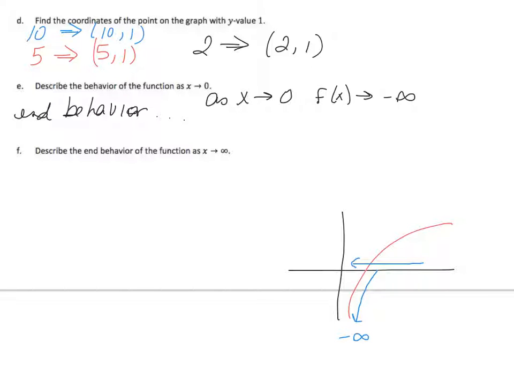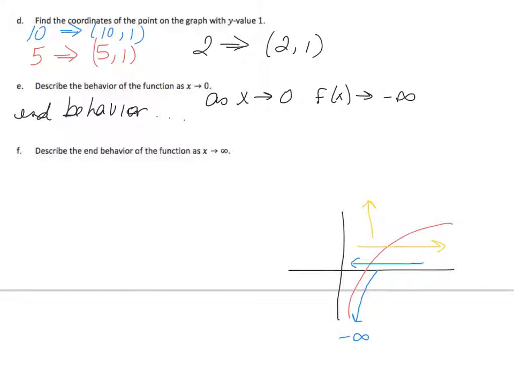And the next one, change of color. As x approaches infinity, your curve is approaching positive infinity. So to describe the behavior as x approaches 0, your end behavior, your function, your curve, is approaching negative infinity.